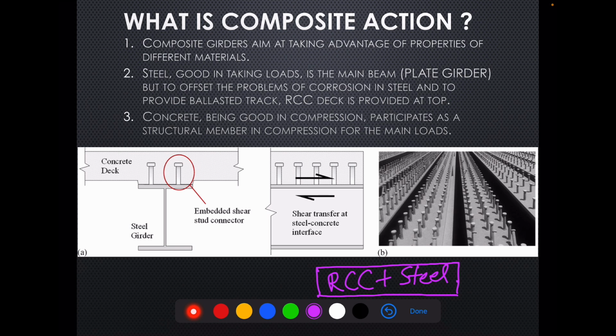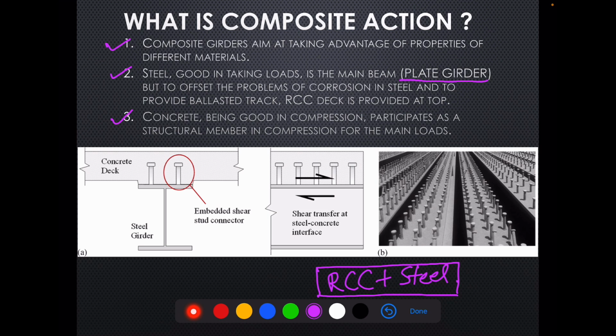So, point number one, composite girders aim at taking advantage of properties of different materials. Point number two, steel, which is good in taking loads, is the main beam. Main beam is the plate girder. But to offset the problems of corrosion in steel and to provide a ballasted track, RCC deck is provided at top.